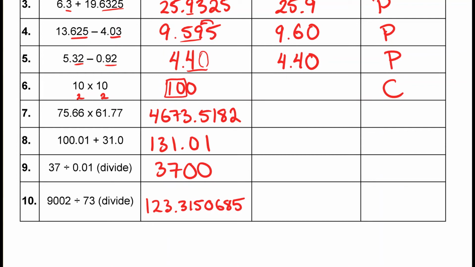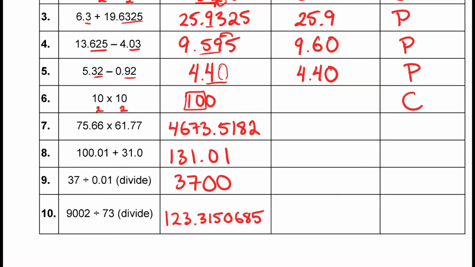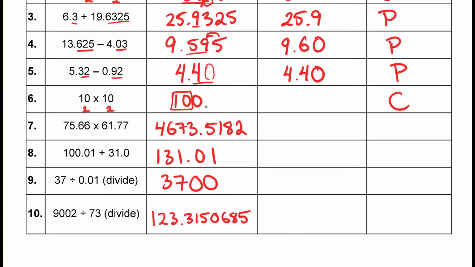The answer is you have to use something we learned about a couple days ago, and that's scientific notation. Remember that the decimal place here is after that second 0. Because the decimal place isn't included in our rounded numbers, we're forced to use scientific notation.